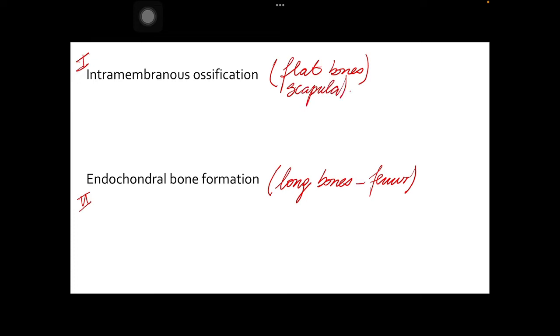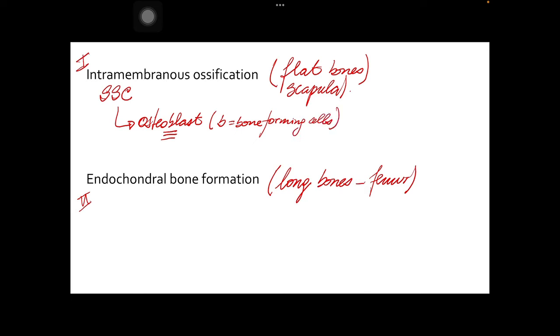And to create intramembranous ossification, first, what we discussed, the skeletal stem cells need to be differentiated into osteoblasts. And we already discussed that the osteoblasts are the bone forming cells.